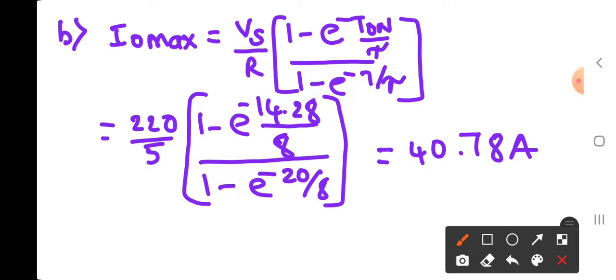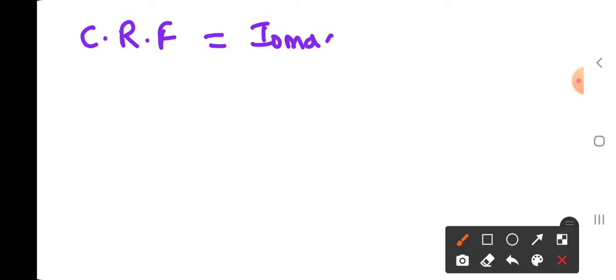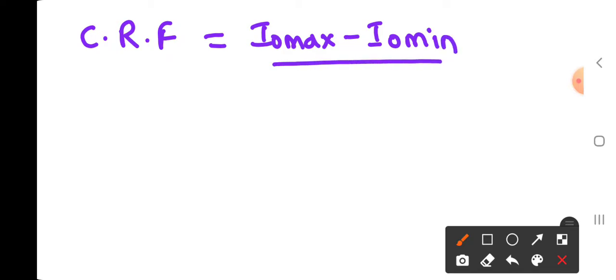Okay. Then what is the ripple factor? Here you need to find the ripple factor for current as well as voltage. First, the current ripple factor, CRF, is equal to I_O max minus I_O min over Vs by R, which is the steady state current.